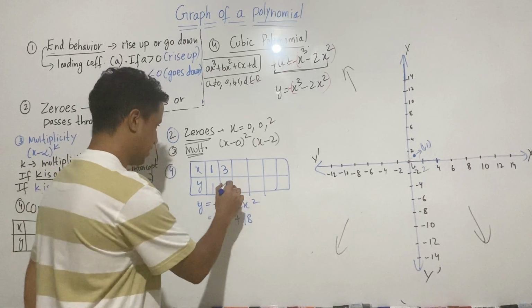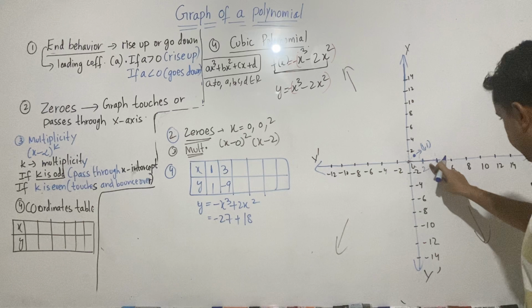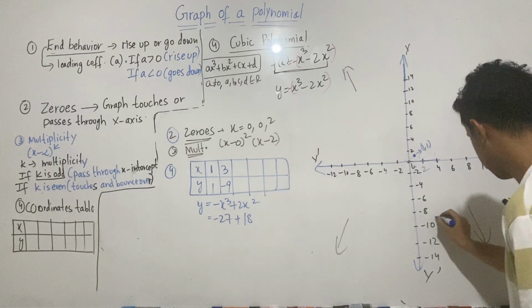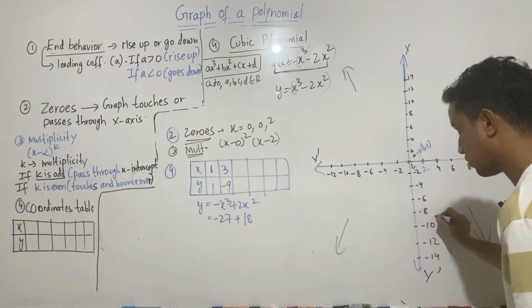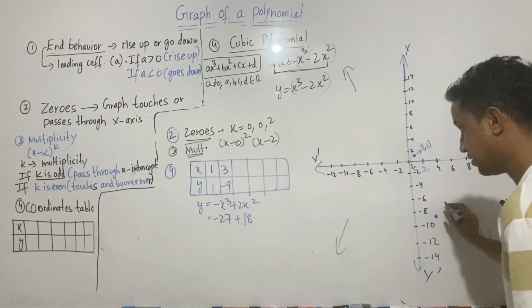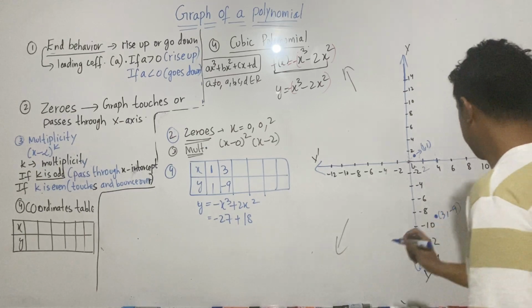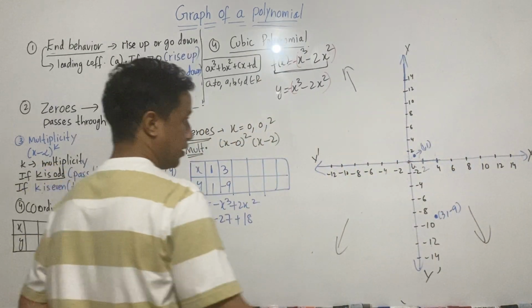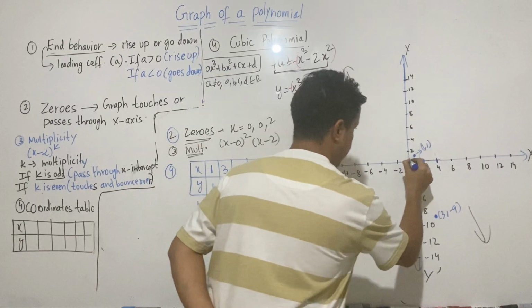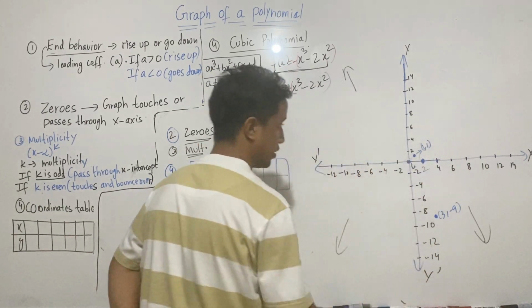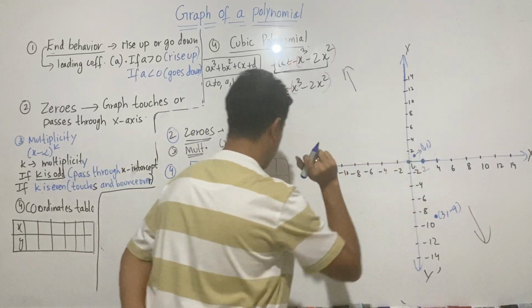X is positive 3, y is negative 9. Negative 9 is here. This is 3, minus 9. Then this is already 0. We have this 0 and 2. Here multiplicity is even, here odd.